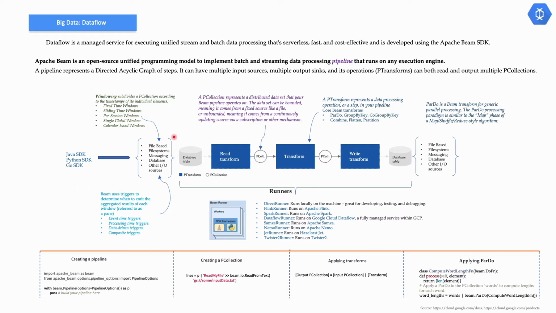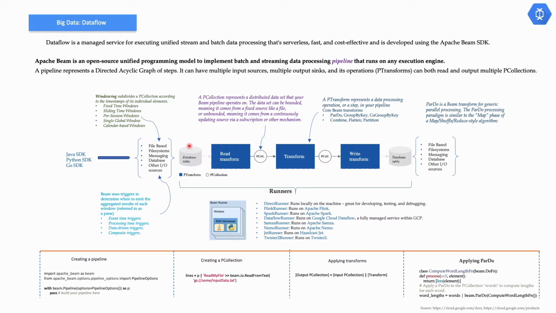Now, when it comes to the input, it could be file-based, file systems, messaging, database, and other I/O services. So the example we're going to take here is a database table. Now, when any change happens, the pipelines have a trigger and a way to collect data.